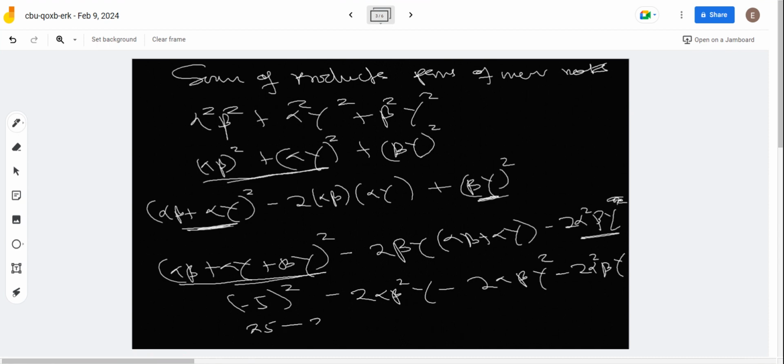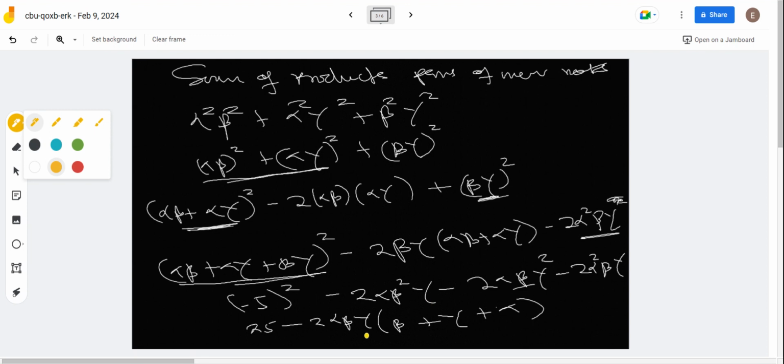We'll factorize 2 alpha beta gamma out from the whole of this expression. This side will be left with only beta, this side with only gamma, and this side with only alpha. We know the value for alpha beta gamma, and we know the value for beta plus gamma plus alpha, the sum.